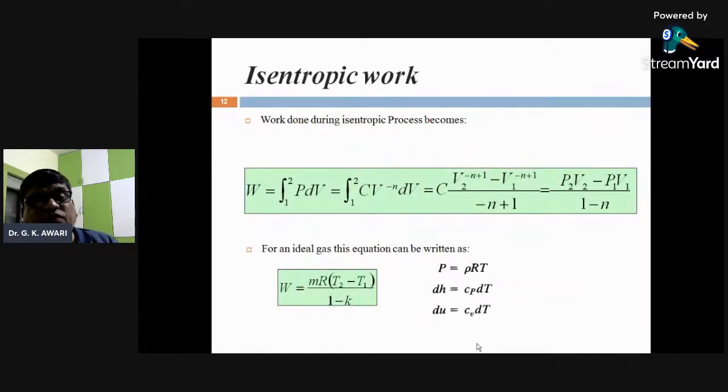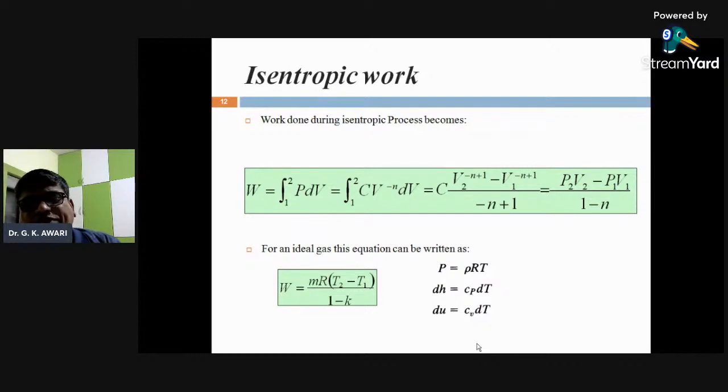Then the isentropic work done during the isentropic process becomes W is equal to integral of 1 to 2 PdV, is equal to integral of 1 to 2 C V to the power of minus n dV, is equal to C into (V2 to the power of minus n plus 1 minus V1 to the power of minus n plus 1) divided by minus n plus 1.